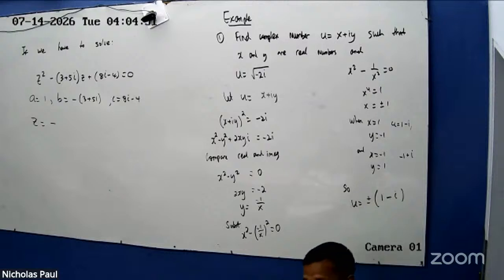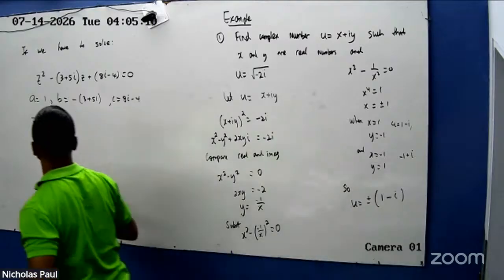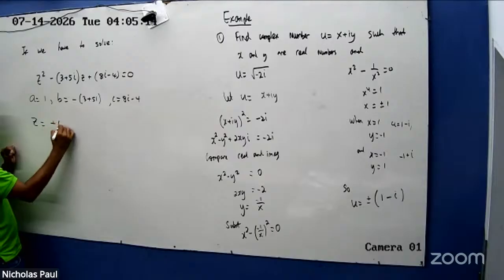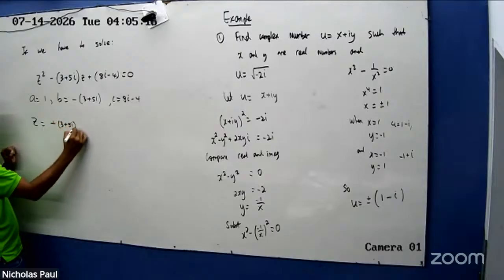The square root part is important. The part in the square root, that's very important. So minus b will give you plus 3 plus 5i.